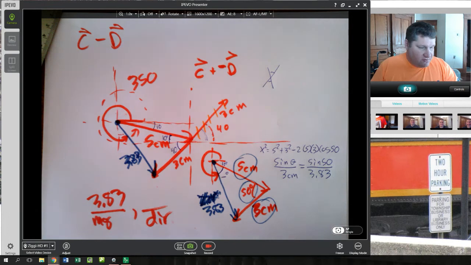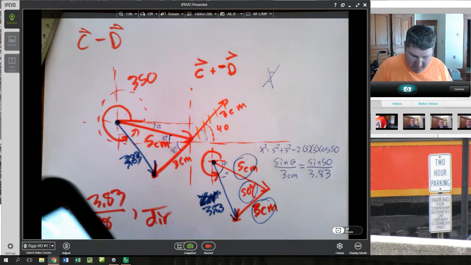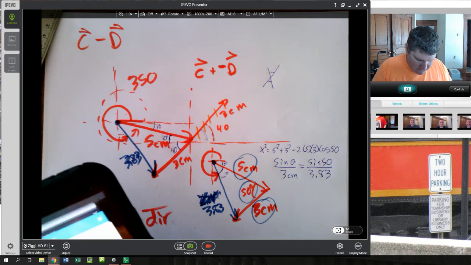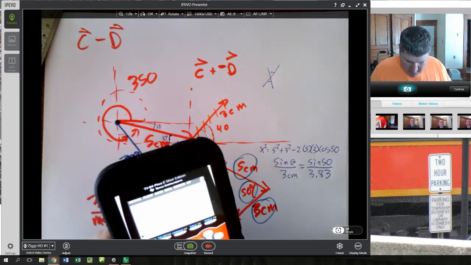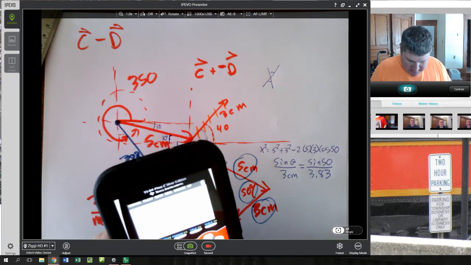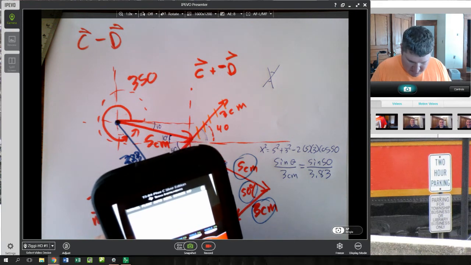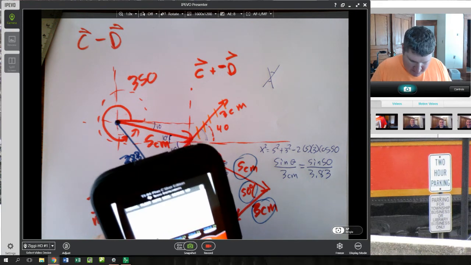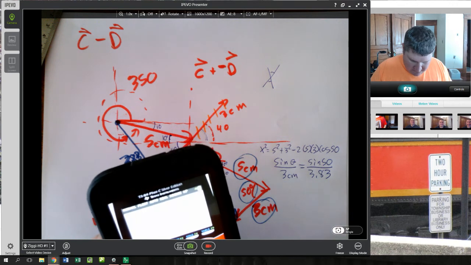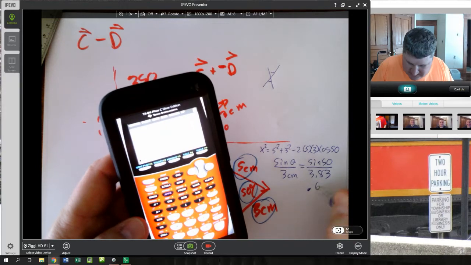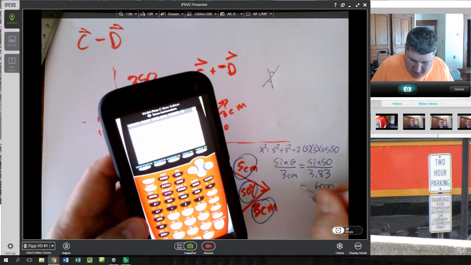And by doing a little cross multiplying, I come up with 3 times sine 50 divided by 3.83. Answer is 0.6. Now, folks, if you get the answer 0.6000, you are not done.